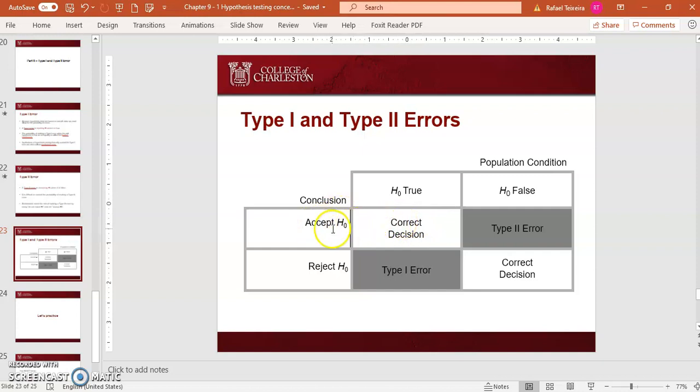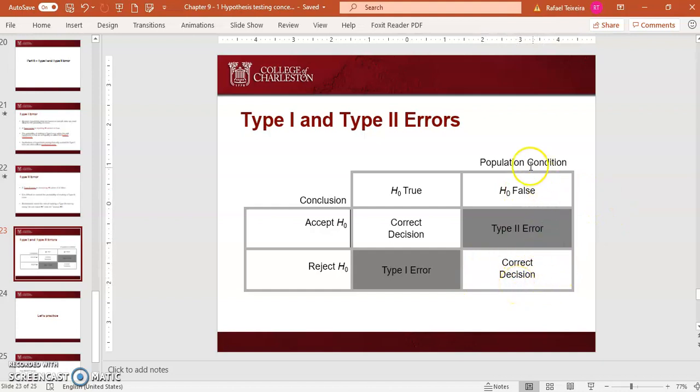However, if we accept the null, but in the population the null is false, then we have a type 2 error. Now, if our conclusion is to reject the null hypothesis, and the population condition says that the null hypothesis is true, then we are committing a type 1 error. And if we reject and the population condition is that the null hypothesis is false, then we made the correct decision.